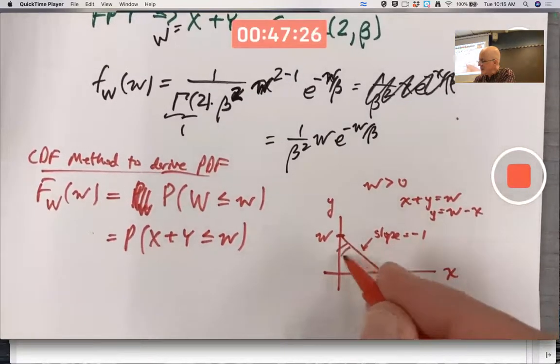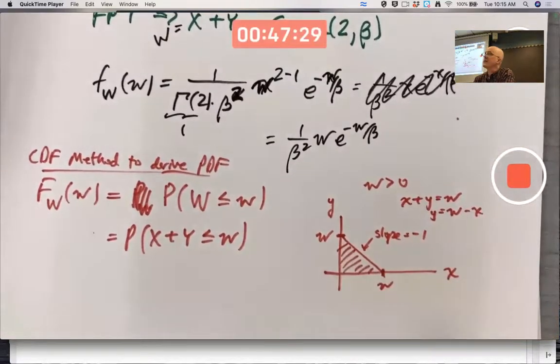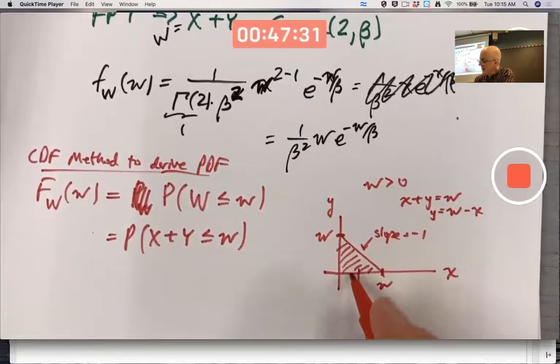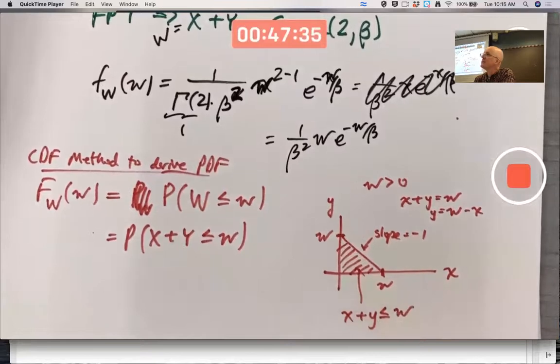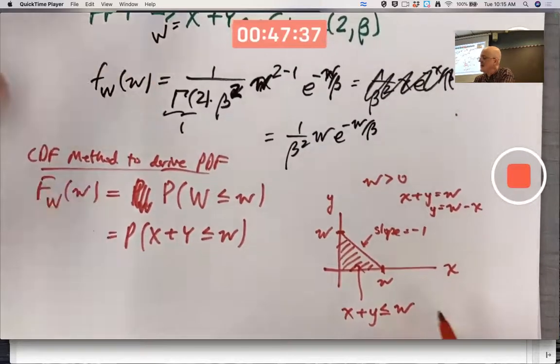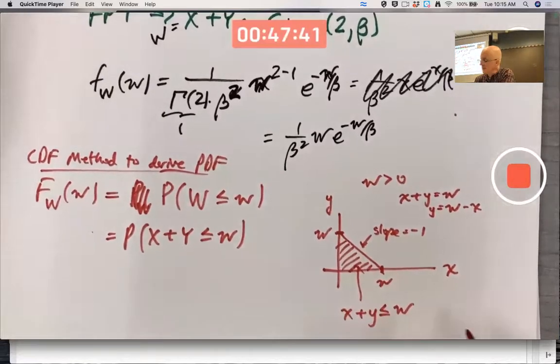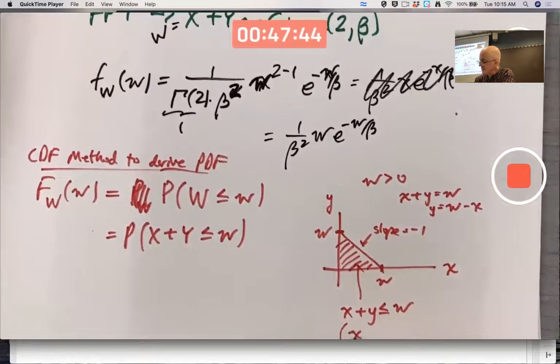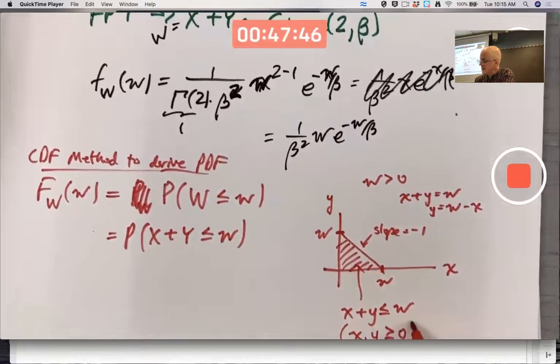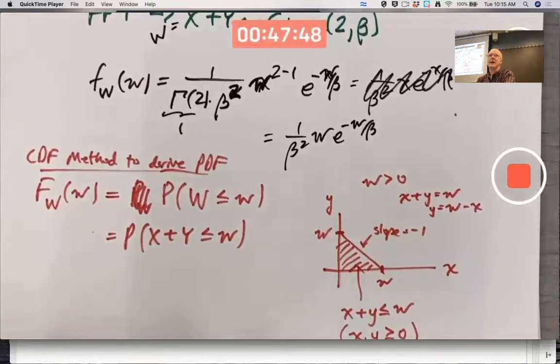It's this region that I need to integrate over, because that's where x plus y is less than or equal to W. And I can stay in the first quadrant because x and y both need to be greater than or equal to 0 as well, so I don't have to go down into the other quadrants.